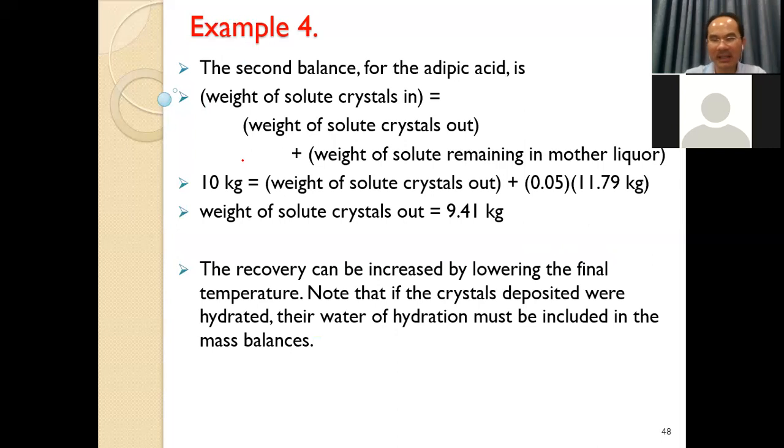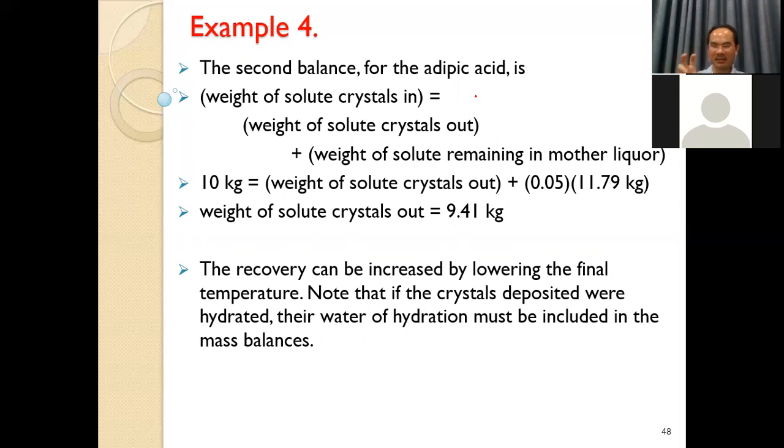The second balance is on solute, or adipic acid. Initially the weight of solute in the solution equals the weight of solute crystal out plus the weight of solute remaining in the solution. This is a very important point, because after you crystallize, we have a mixture of solid and liquid.